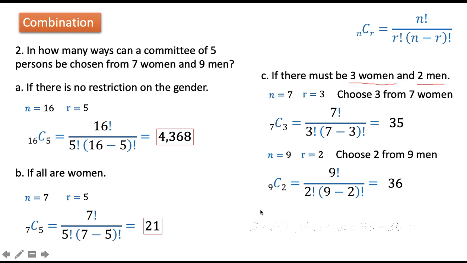Then from here, we're going to use the fundamental counting principle. Since there are 35 combinations of women and 36 combinations of men, we will get their product, and that is 1,260. And that is the number of ways to form a committee of 5 persons wherein it consists of 3 women and 2 men.